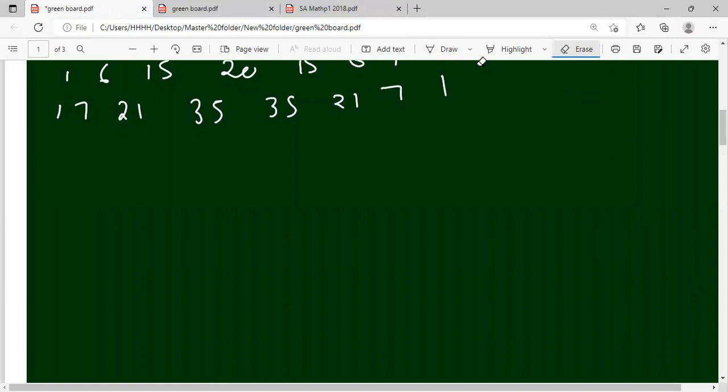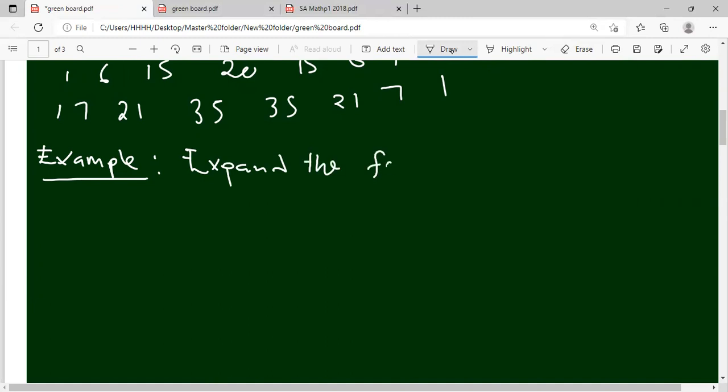Okay, so let's try to look at an example on how we can use this triangle to solve our problems. Okay, so I'll say expand the following binomials.